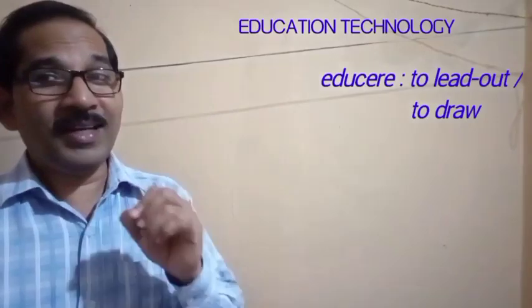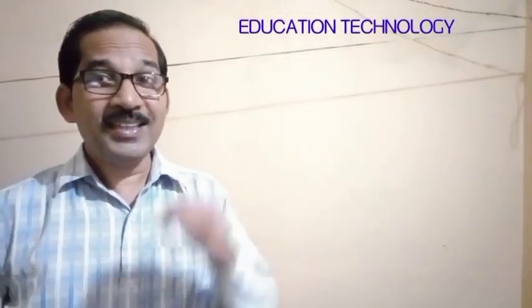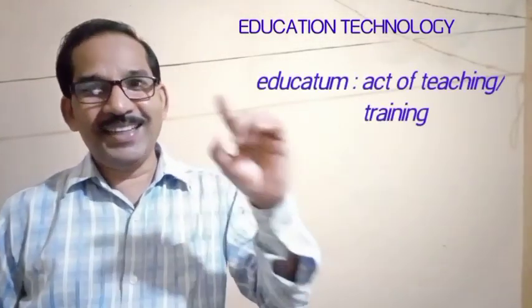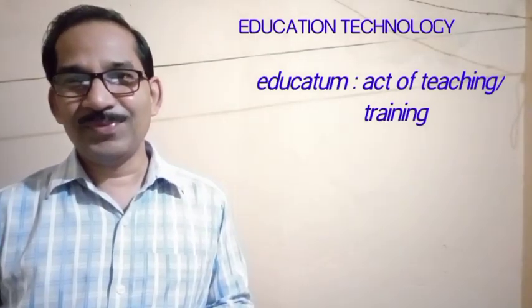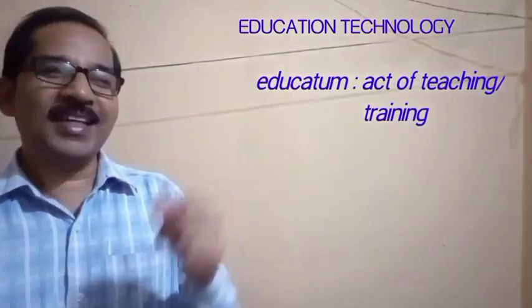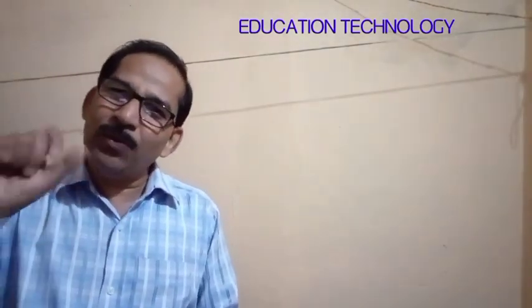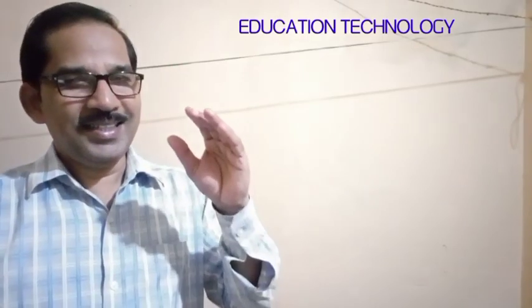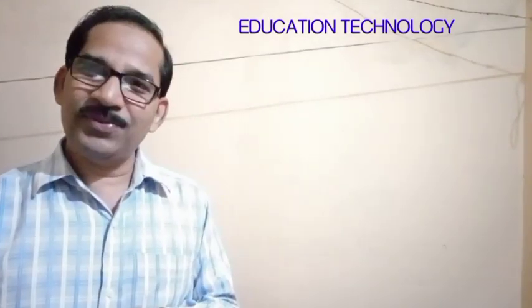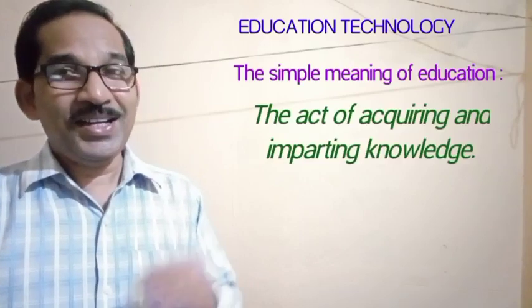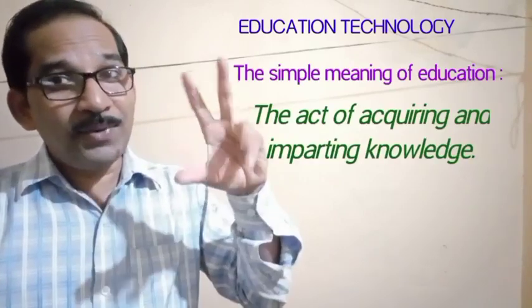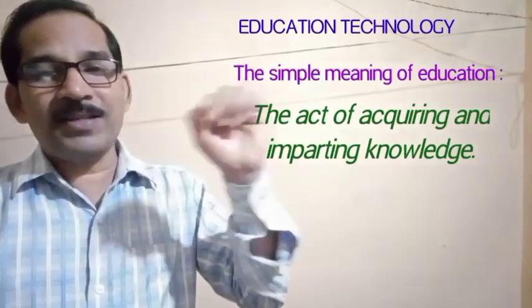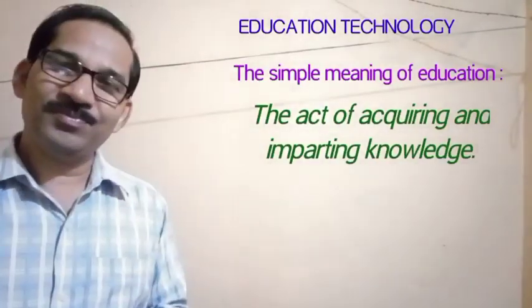And the word educatum means teaching and training. If all these things are closely observed, then they contain the same meaning. So the simple meaning of education is the art of acquiring and imparting knowledge.